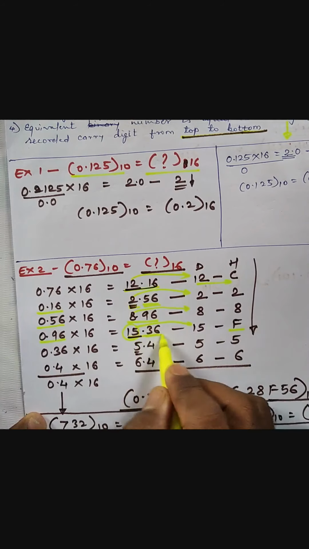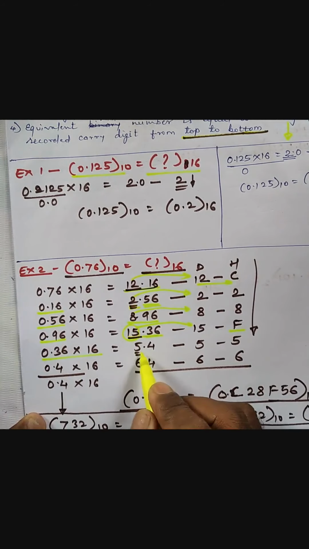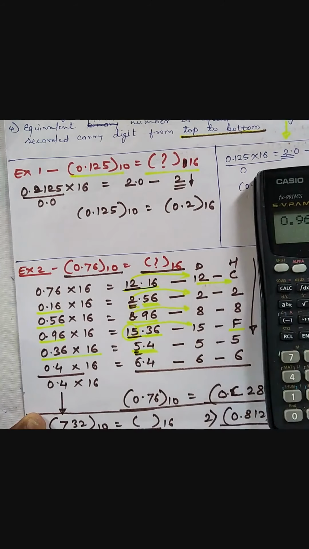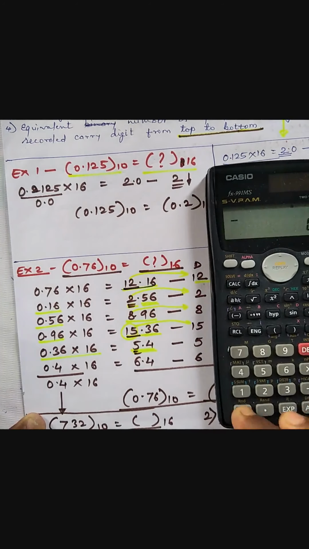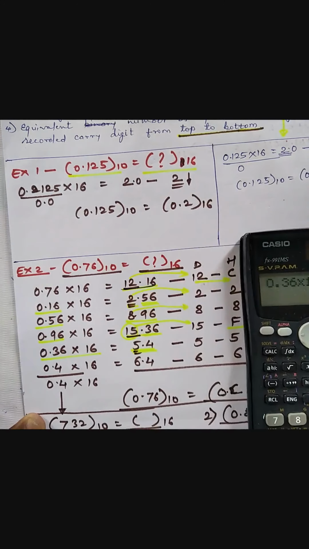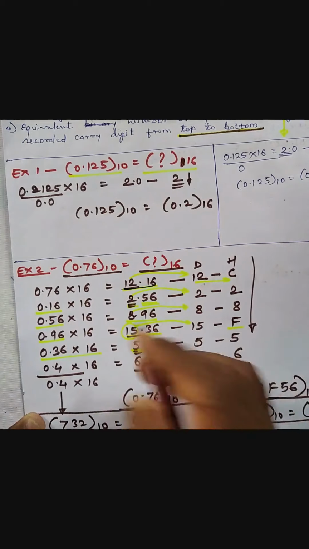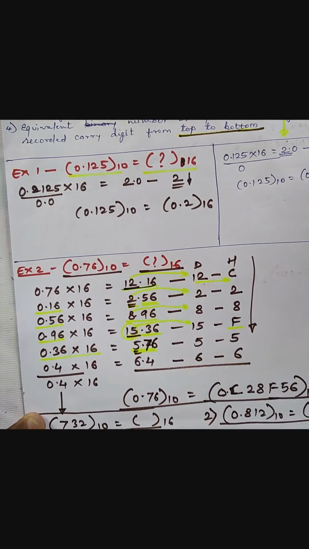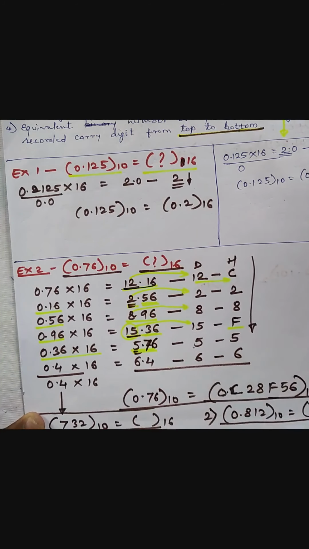Now taking this 0.36 and multiplying it by 16, oh, I got it wrong. 0.36 into 16 is 5.76. So 5 I take here, which is the same in decimal and hexadecimal form.